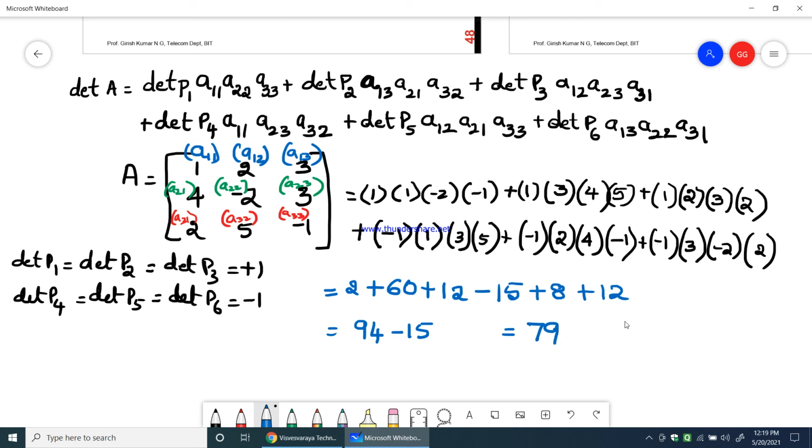So this is the determinant of A, which is equal to 79 by using the big formula.